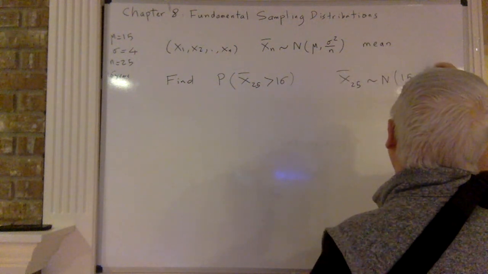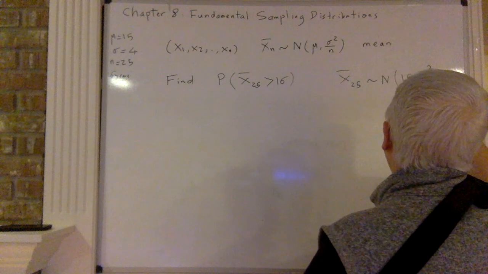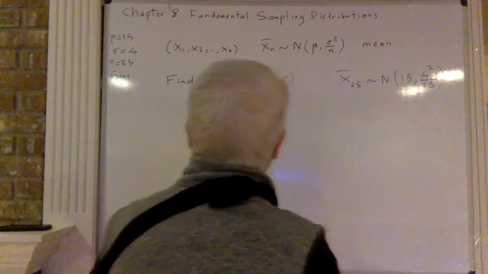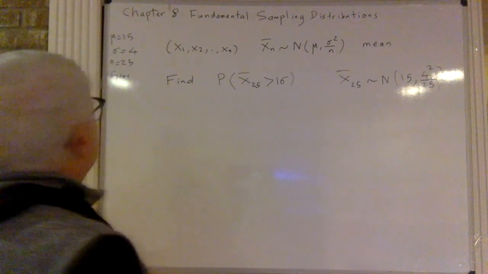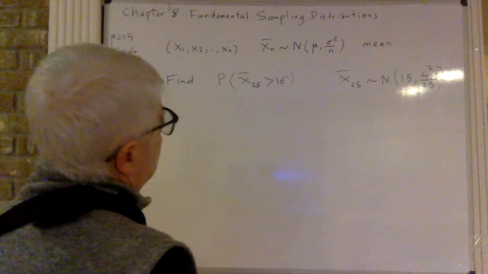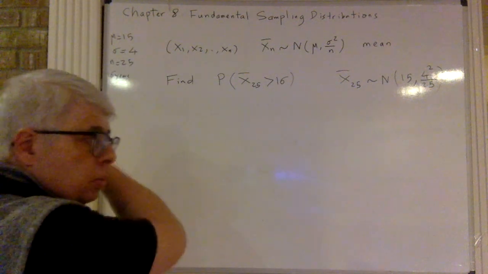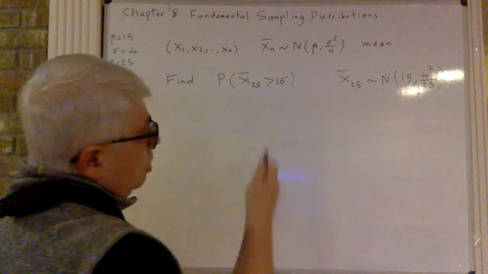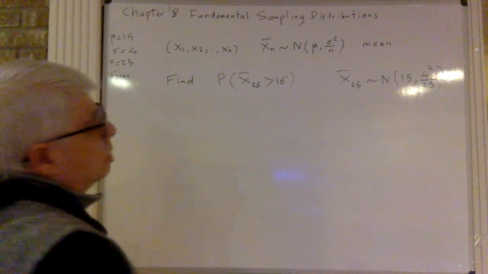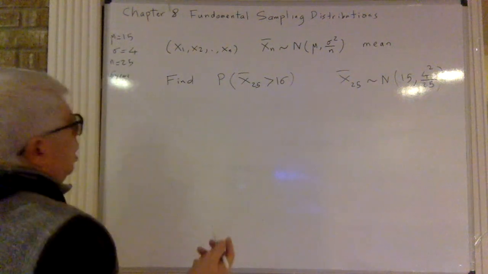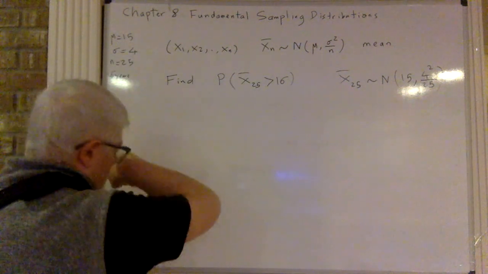That's 4 squared over 25. Sigma is 4, so we have sigma squared over n, which is 4 squared over 25. So that is the distribution of x bar, and I have to find this.